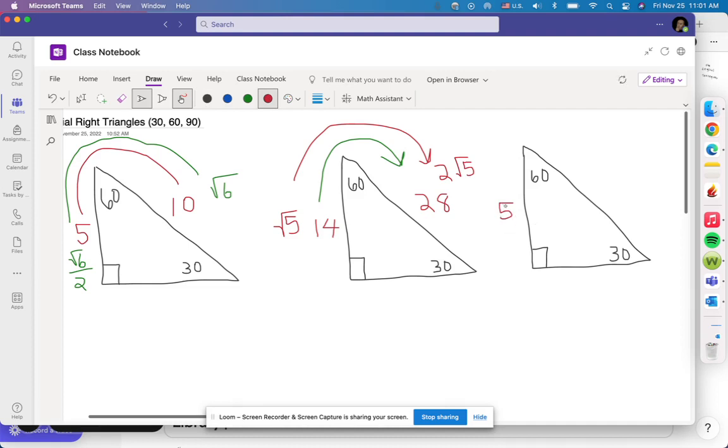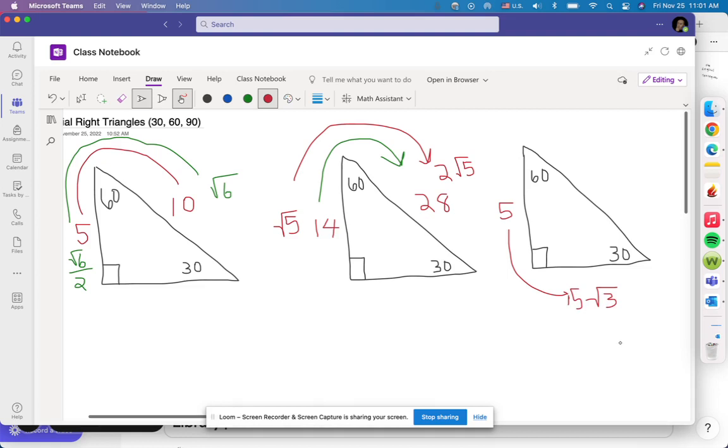If I give you the one opposite 30, to go from opposite 30 to opposite 60, you multiply by square root of 3. So I'm going to go square root of 3 times 5, which I'm going to leave as 5 square root of 3.